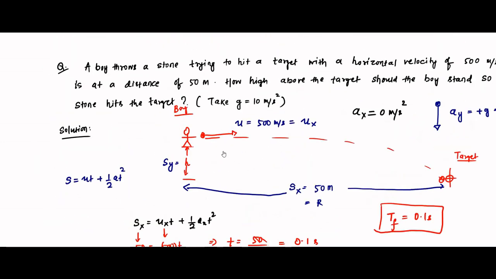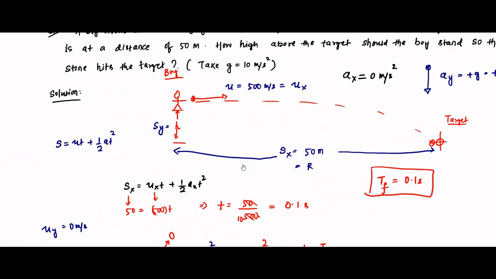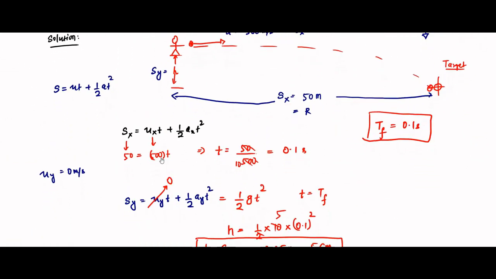So again, always be clear about which equation of motion is applicable, and in two-dimensional motion always analyze the x and y components separately. Okay, this is the x component analysis and this is the y component analysis.